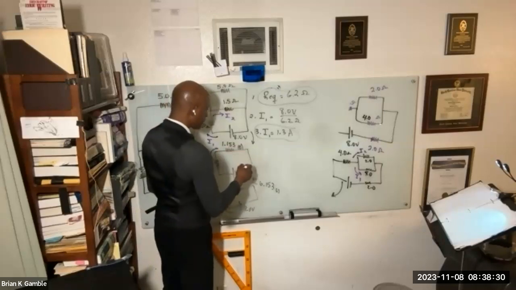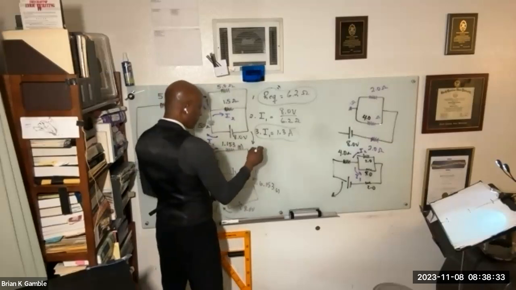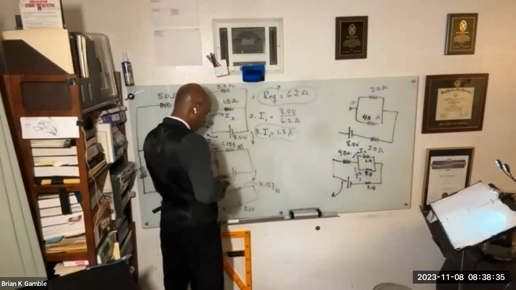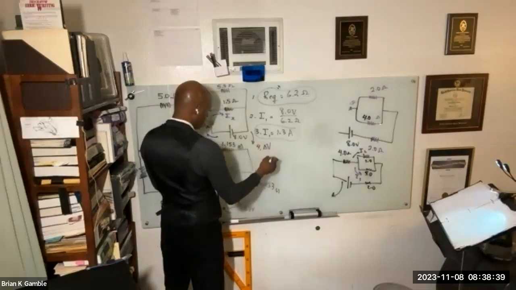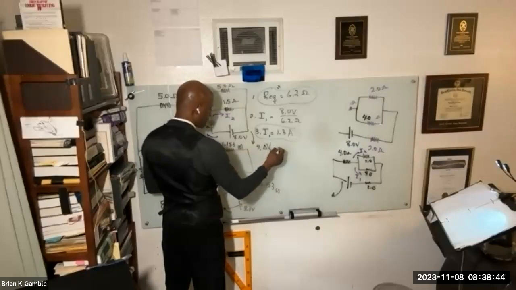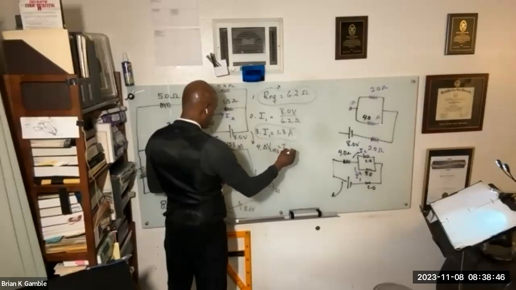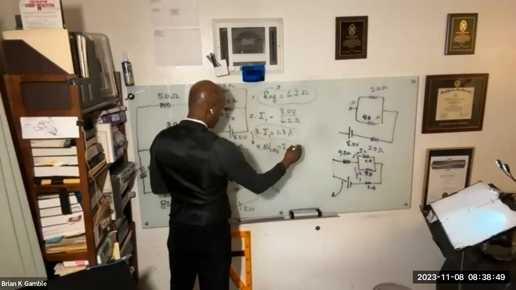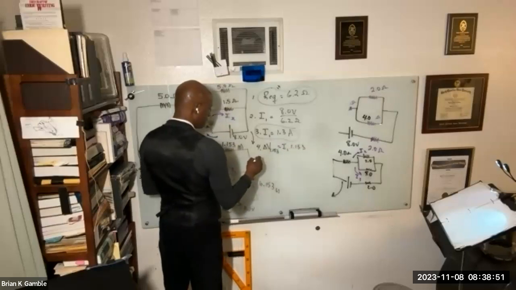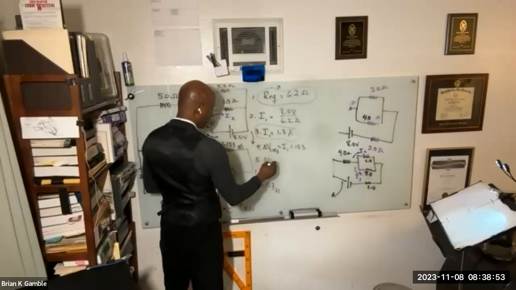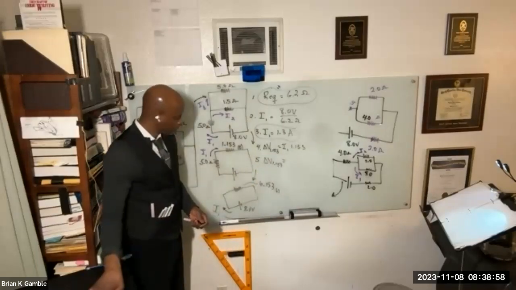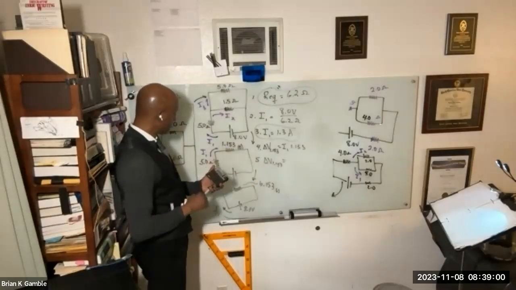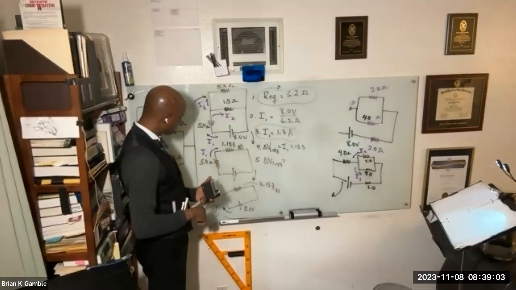So the voltage on this, I'll call it delta V on the 1.15 resistor, is equal to I1 times 1.153. So delta V is going to be equal to I1, where did I put it?